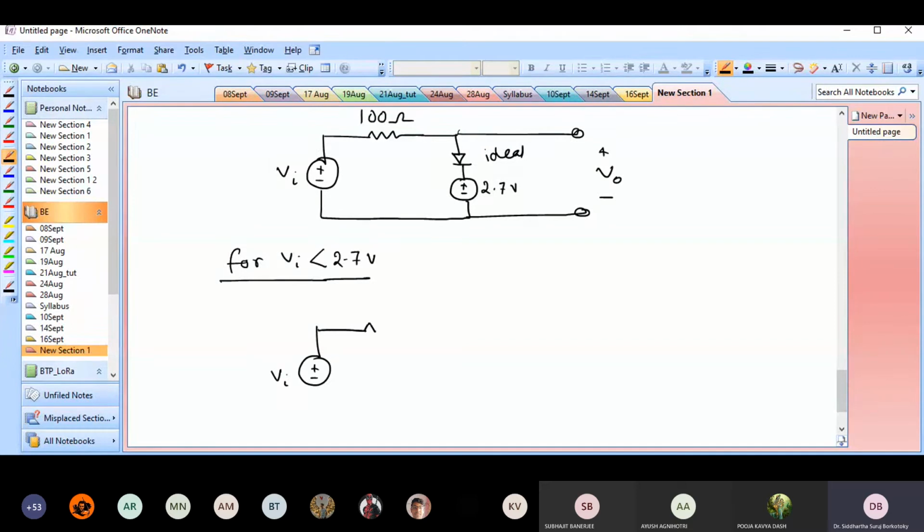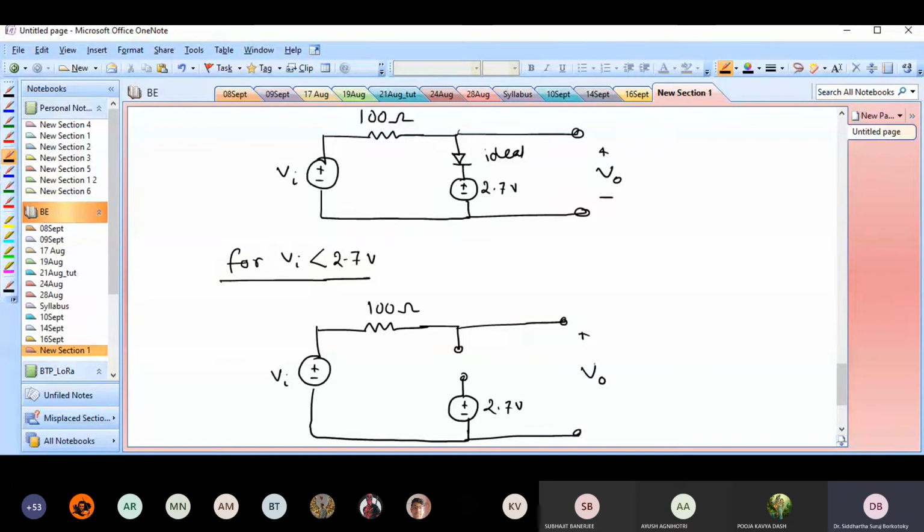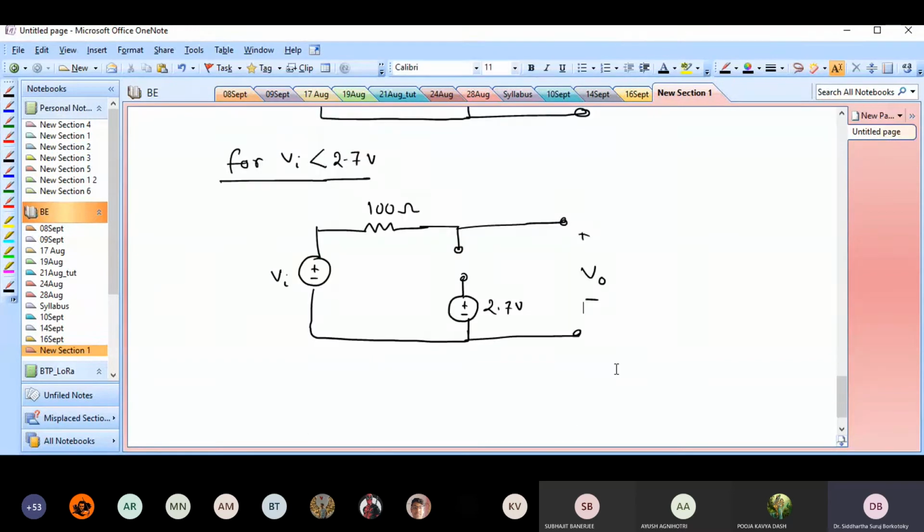So you have Vi, 100 ohms, an open circuited situation, 2.7 volts. It does not matter any longer what this voltage value is, because we are anyway open circuiting the whole thing. So what you really have at the end is V0 equal to Vi. So if Vi is below 2.7 volts, I have output exactly equal to my input.